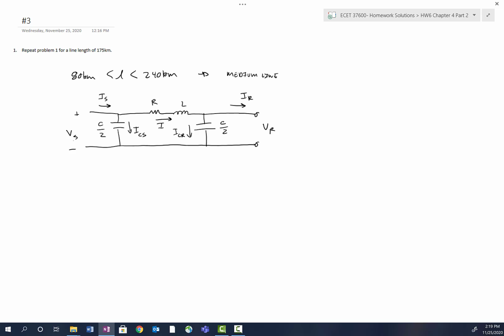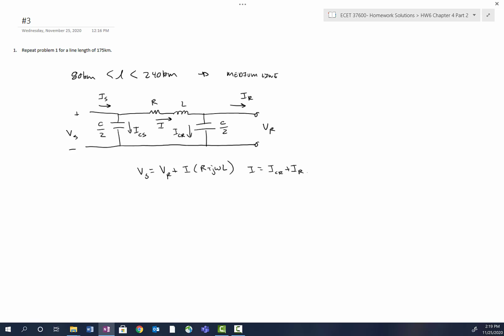So the governing equations that we typically use are that Vs is equal to Vr plus I times (R plus jωL), where I is equal to ICR plus IR.